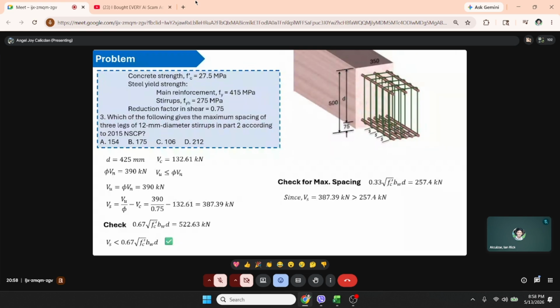And since Vs is bigger, we'll use d over 4 or 300, whichever is smaller. So, the S max is 106.25 mm, letter C.